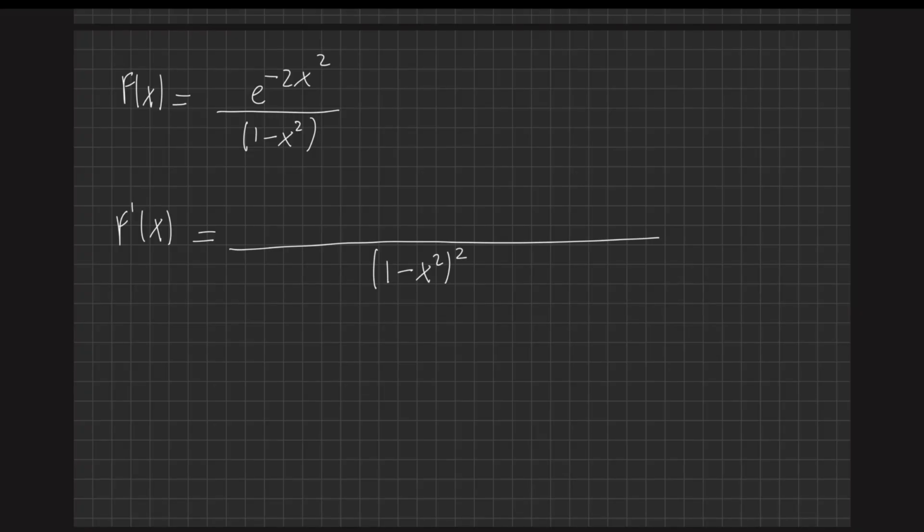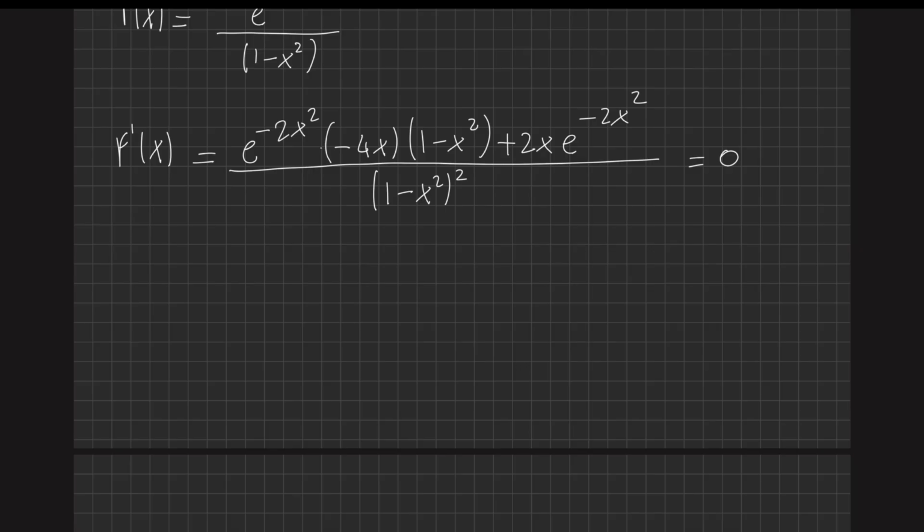Then the derivative of the numerator is e to the negative 2x squared times the derivative of the exponent, which is minus 4x, times the denominator, 1 minus x squared, minus the derivative of the denominator, which is negative 2x, so we get plus 2x times the numerator, e to the negative 2x squared. And now we have to impose this to be equal to 0.